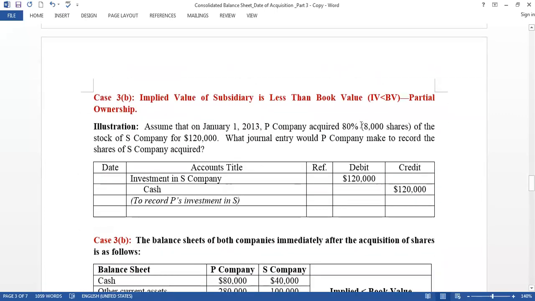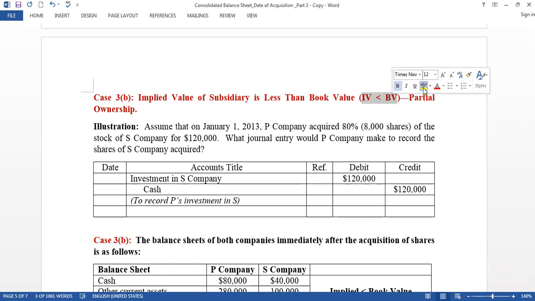So this is another question here. This question says that now the implied value, market price, is lower, and the book value is higher. If your question is like that, the title of the question will not tell you which one is higher and which one is lower.